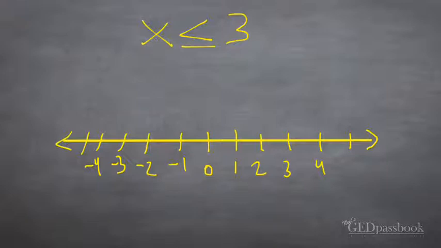Well, first things first, let's practice our dots. There's this little thing called an open circle and a closed circle. Which one you use is dependent on what inequality sign you have. If you have a greater than or less than, you're going to use an open circle.